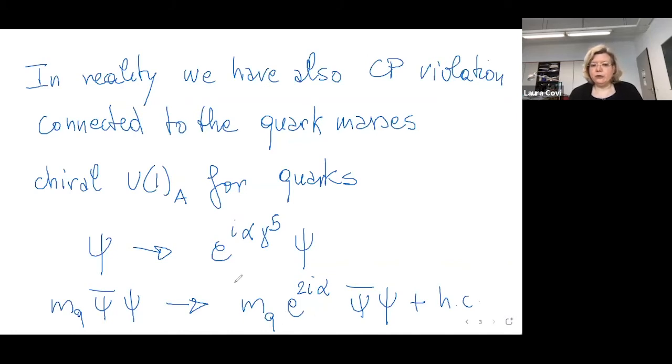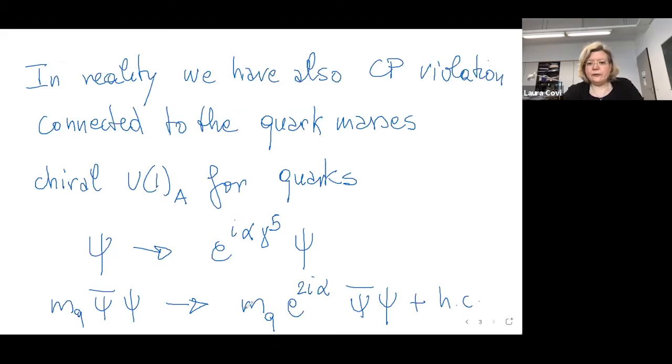Unfortunately, we know from lattice computations that the masses of the quarks cannot be zero, or at least the lightest one is not zero. So this solution to the problem is actually not viable. We cannot just take one of the quarks to be massless.